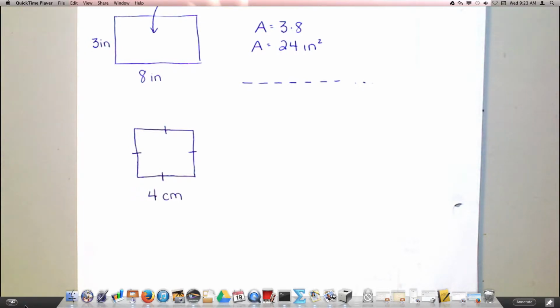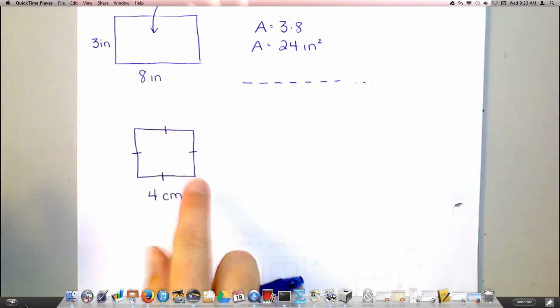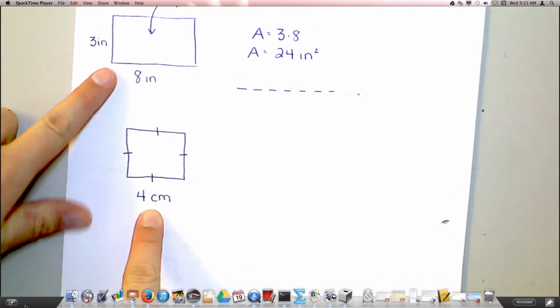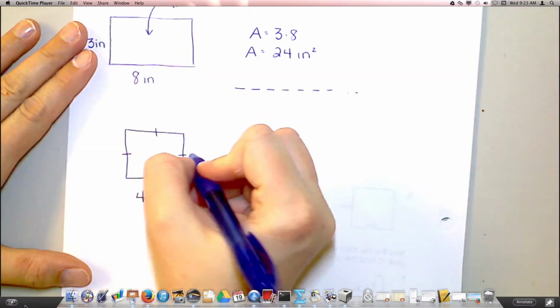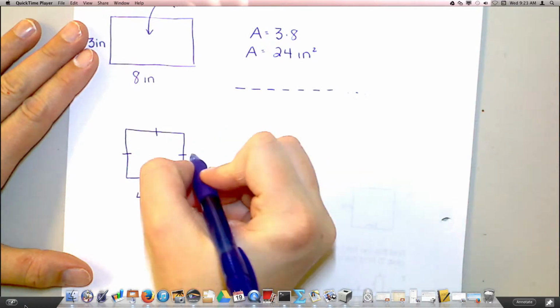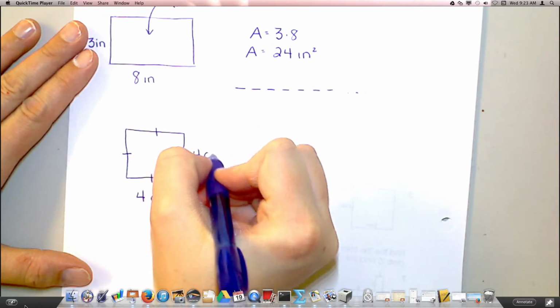Okay, so that's actually the solution to the problem. The problem is I only gave you one number, right? Do you see how this is different than that because I only gave you one measurement? But Rebecca, why does that not bother me? Right, so everything is 4, which means if this is 4 centimeters, then this is 4 centimeters.